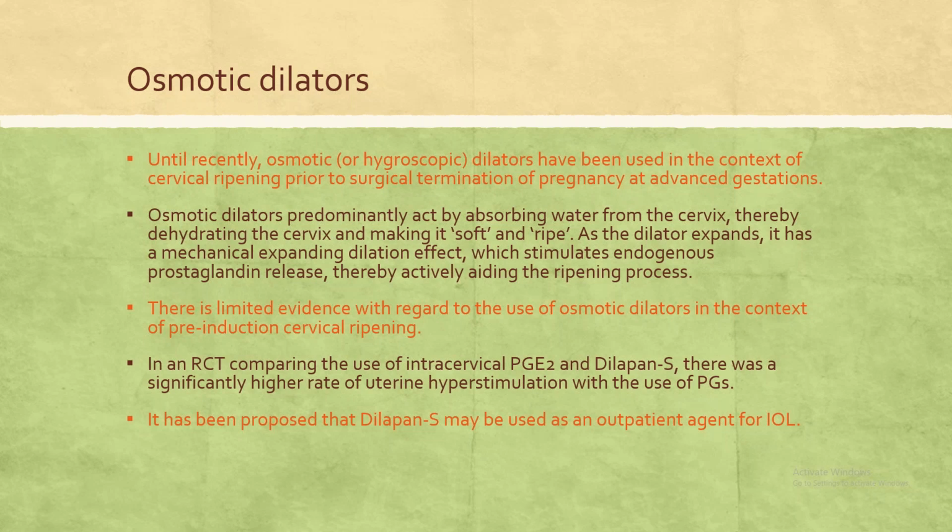So Dilapan S, these osmotic dilators, can be used as an outpatient agent for IOL. If the patient wants home-based induction and doesn't want to get admitted to the hospital, then these osmotic dilators can be used as a method of induction because they do not require monitoring of the fetal heart.